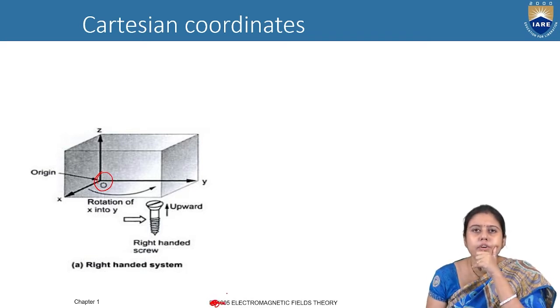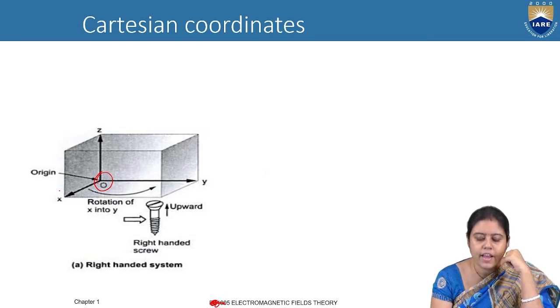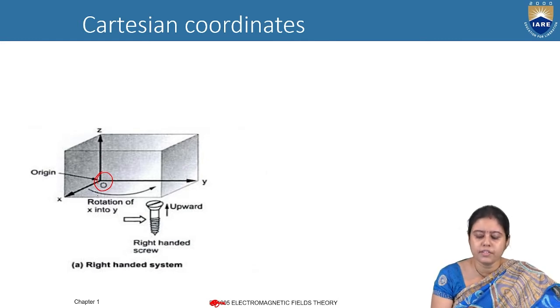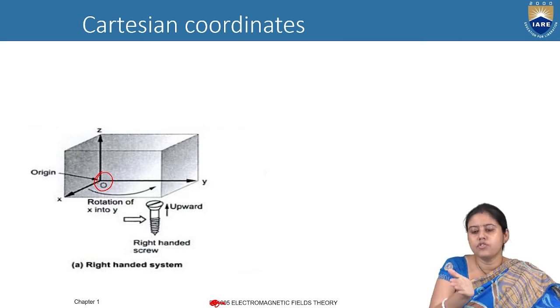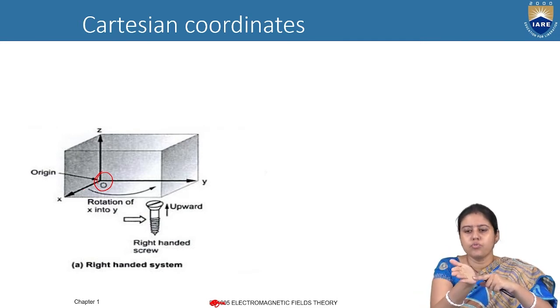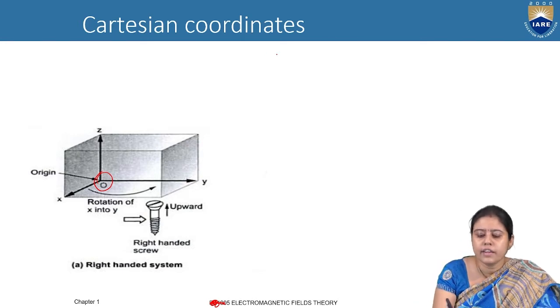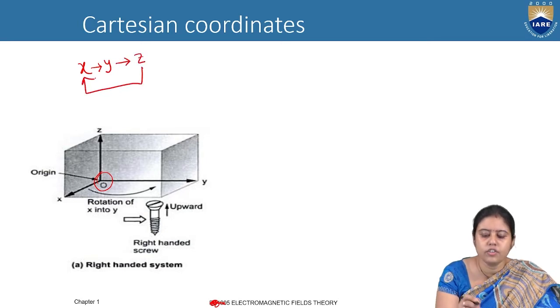And the right-handed screw rule means we take x to y, right-handed screw, x to y, y to z, z to x. What is the sequence? It is x to y, y to z, and back z to x.